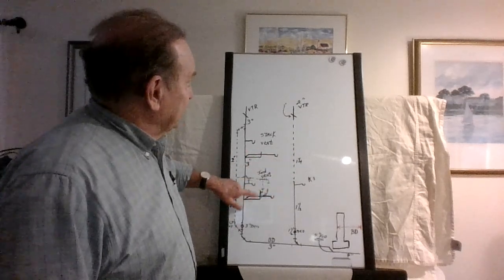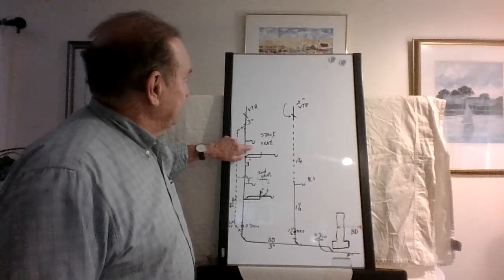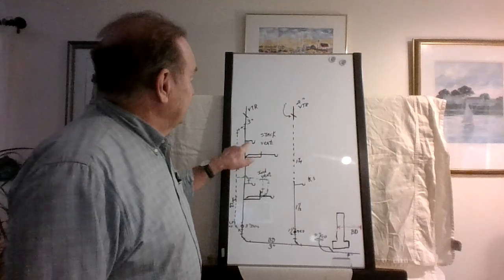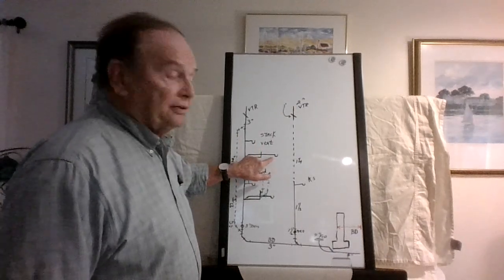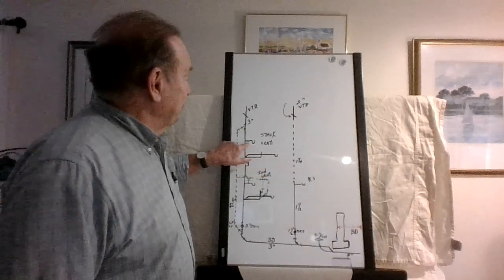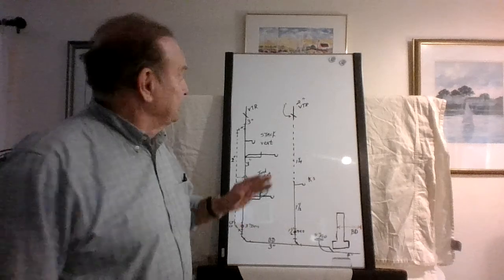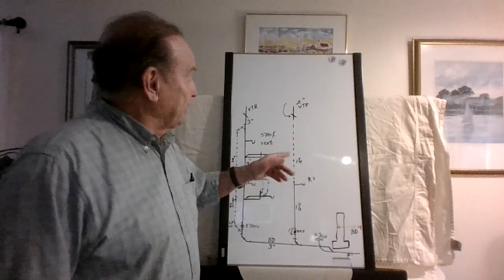Okay, so let's jump up on the top floor for a moment. The top floor is exactly what this floor looked like before we added the vents, okay? The lav, water closet, and the tub or shower. And remember, the lav is 1.5 inches. It can go up to 5 feet, unvented. The tub, same thing, 1.5 inches.